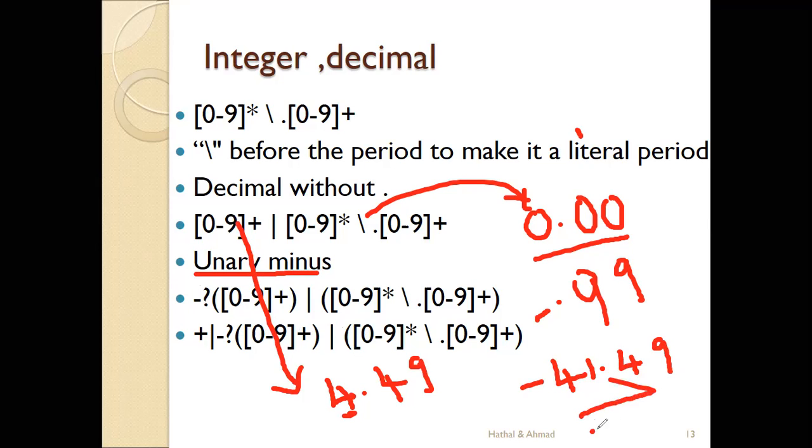If you want to match both positive and negative numbers, you can use this expression. By using this, you can write any pattern, and that pattern can be used to recognize the input string in the given input file.